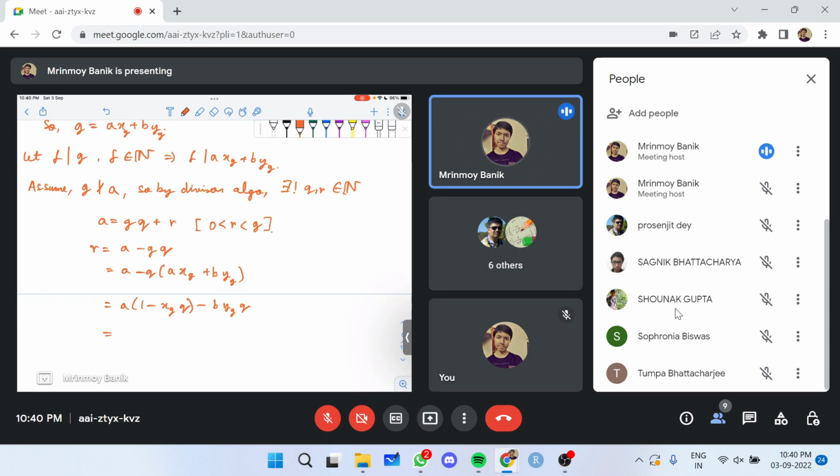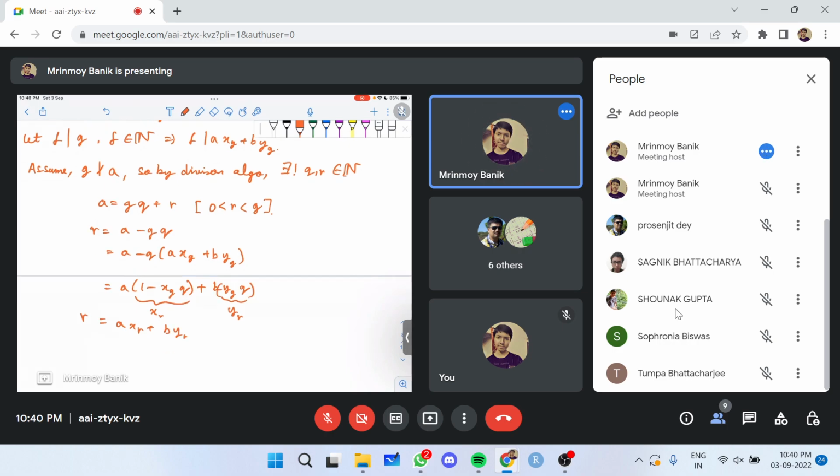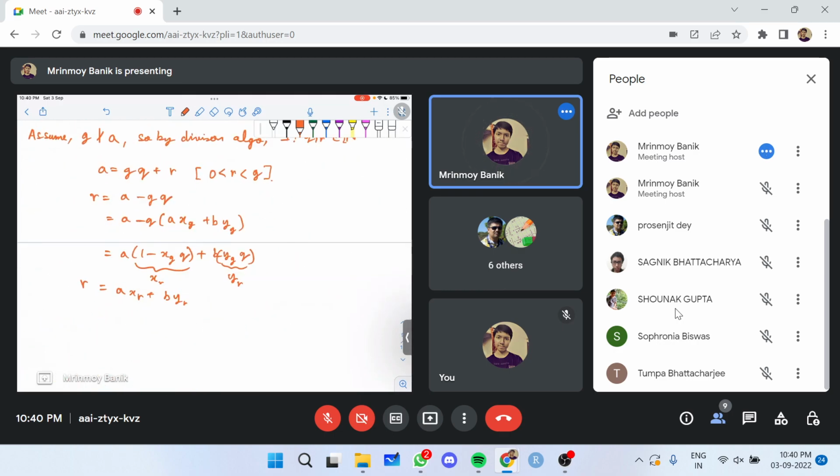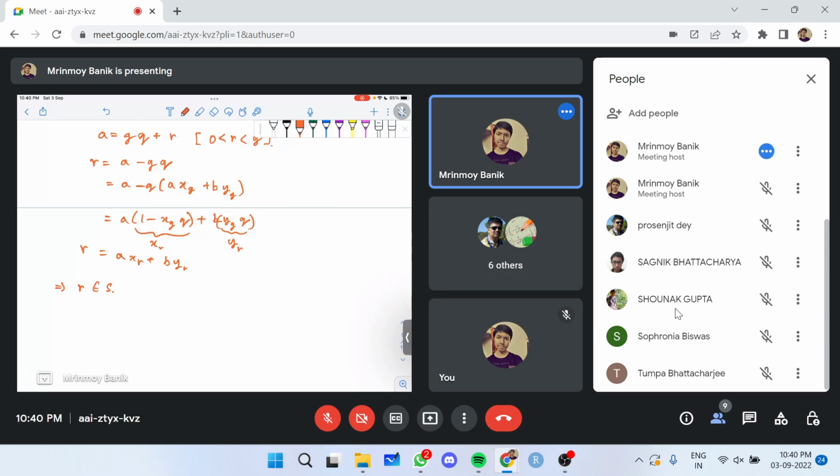Now observe that this 1 minus x_G q you can take as x_r, and this y_G q you can call y_r. So r equals a x_r plus b y_r. So this is exactly of the form that is mentioned in the definition of S. So that implies r is in S.